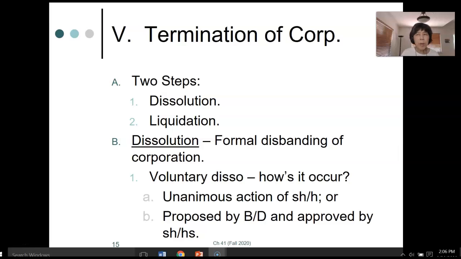Or probably more likely in a big corporation, it'll be the board of directors that proposes the dissolution, and then it sets it for a meeting with the shareholders and asks the shareholders to approve the proposal to dissolve. Right? That's a voluntary dissolution.